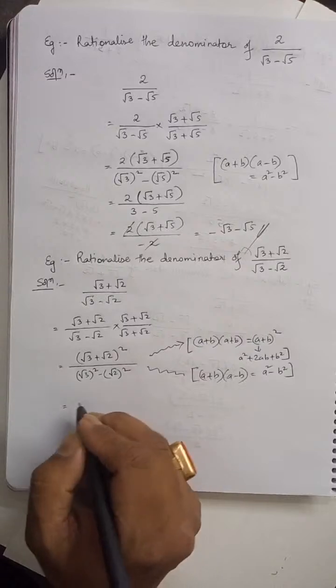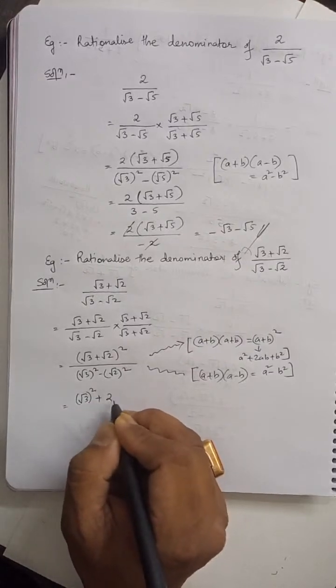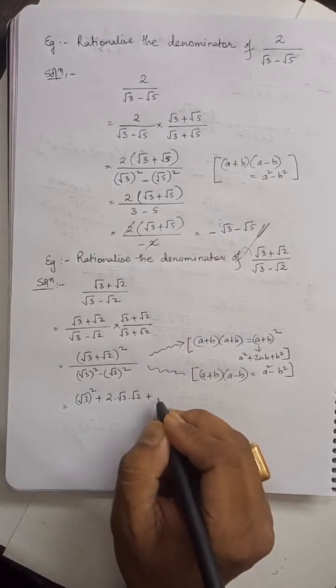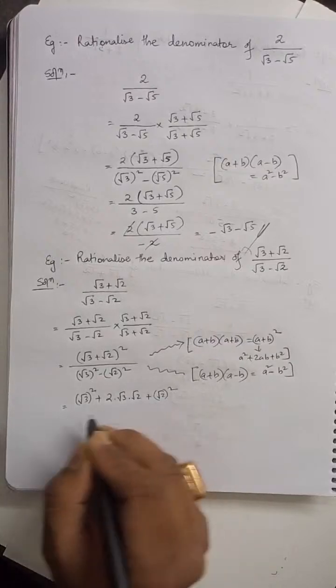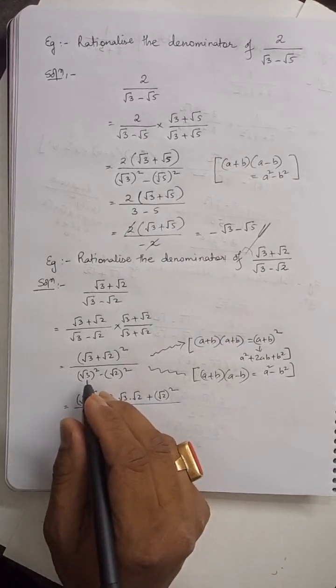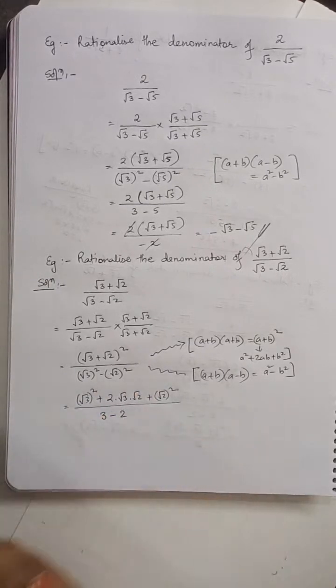So that means root over 3 whole square plus 2 into root over 3 into root over 2 and plus root over 2 whole square. And in the denominator we will have root over 3 whole square is how much? 3, and root over 2 whole square is 2. So 3 minus 2 will be how much? 1.